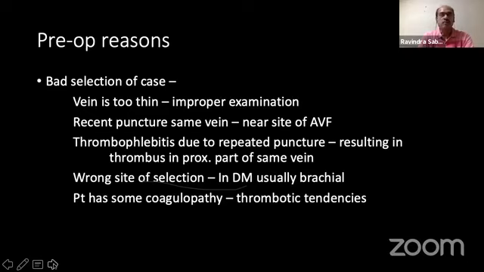If you have multiple punctures exactly at the site of the vein, then obviously there is thrombophlebitis, and when you do anastomosis of such a vein, obviously there are chances of a thrombosis which can form, and then the fistula can fail. And therefore, it is important that these things are checked preoperatively.